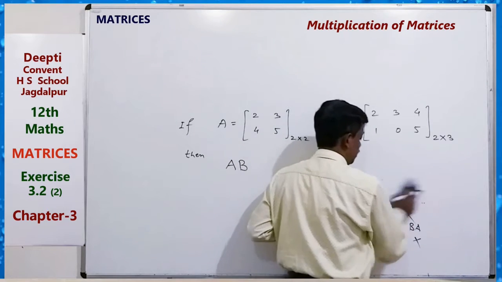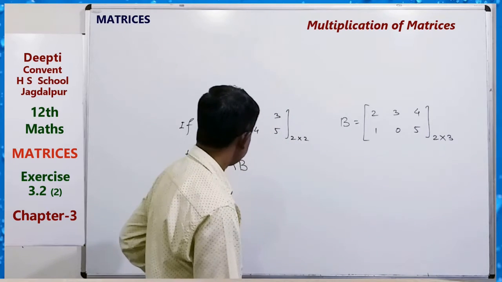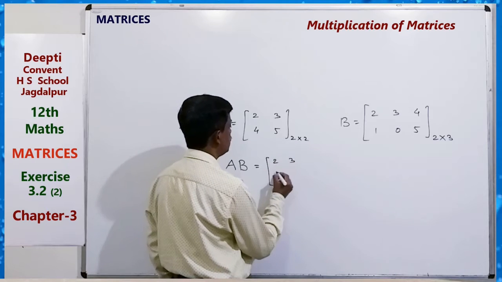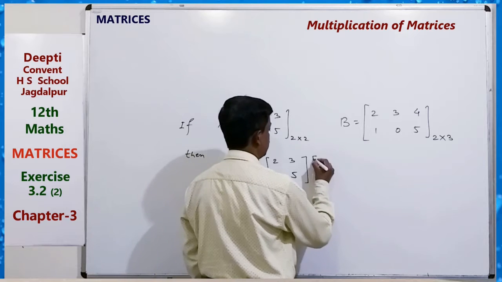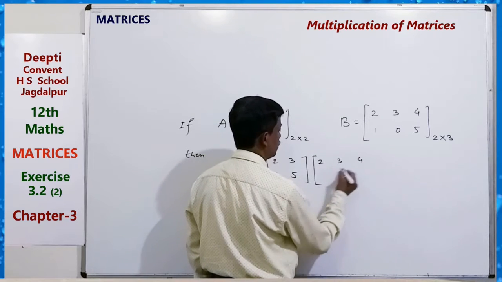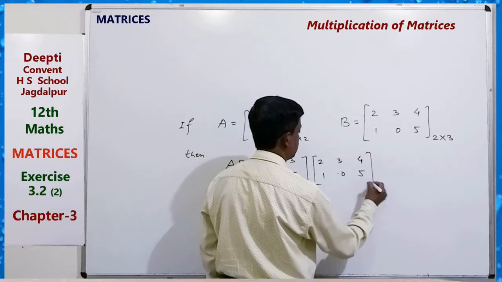Now how can we multiply and find its elements? Just write 2, 3, 4, 5, and on this side 2, 3, 4, 1, 0, 5.